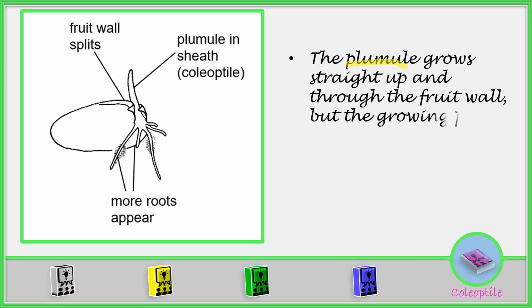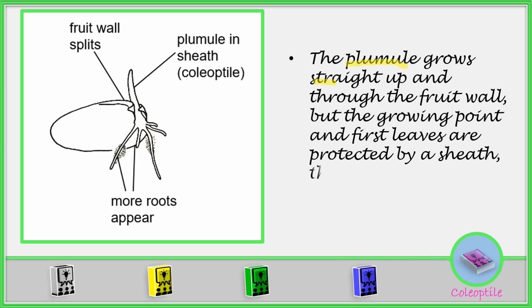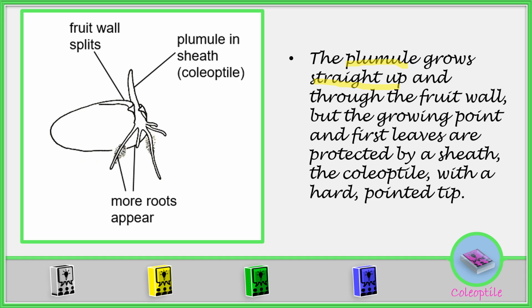The plumule grows straight up through the fruit wall, and the first leaves are protected by a sheath, the coleoptile, with a hard and pointed tip.